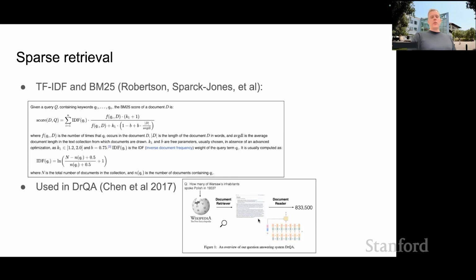You pass that to, I think this was still a bi-LSTM at the time, a document reader model, and that model gives you the answer. This, I think, is really the first instance of having this separation between a retriever and a generator system that you use for answering complicated questions based on open-domain knowledge.